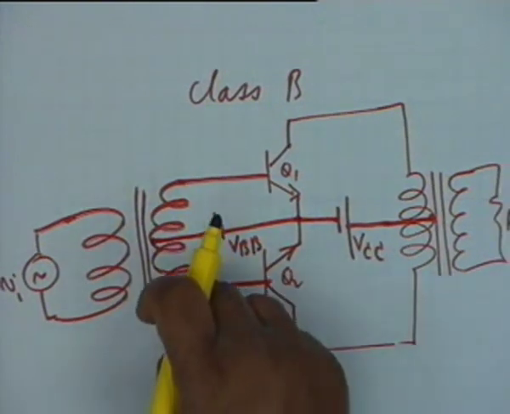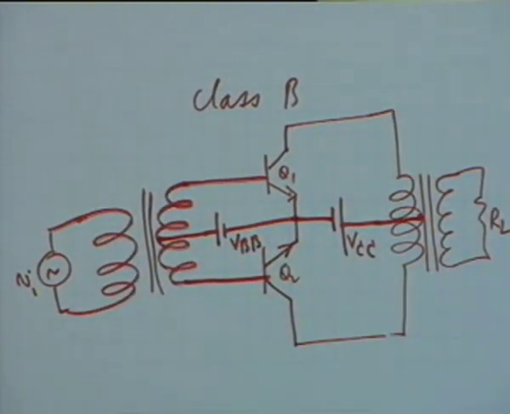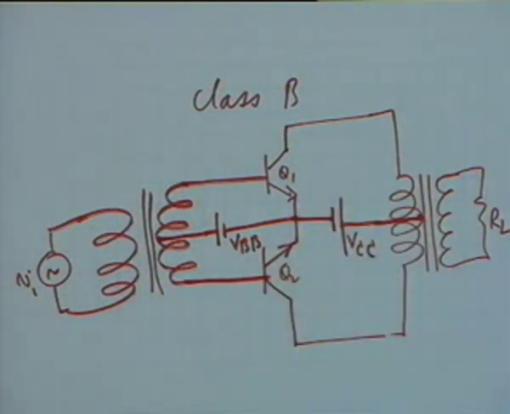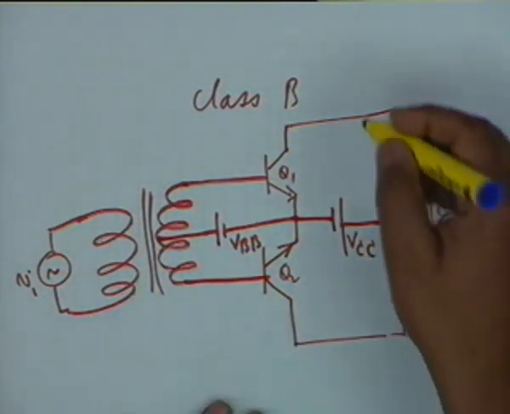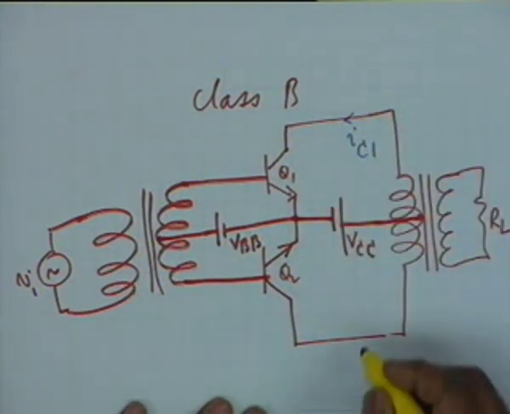There are two transistors needed, one is the input and the other is the output. Both transistors operate under class B condition, that is, normally it does not conduct. In the absence of a signal there is no collector current. Let me show the directions of the collector currents. This is I sub C1 and this is I sub C2.